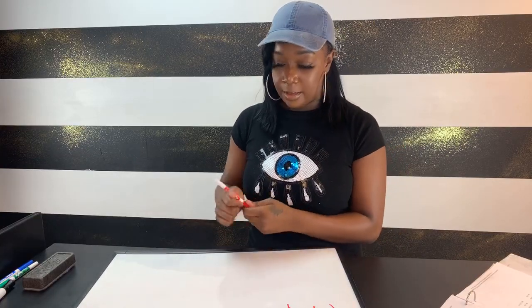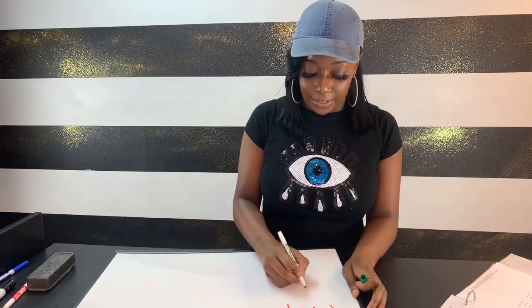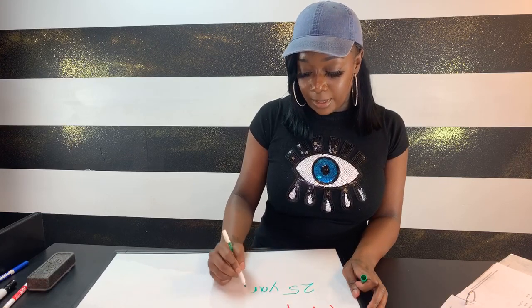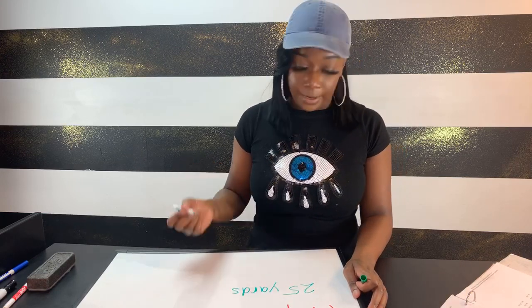All right, so you're always going to start out with the unit that they give you. That's going to be your first value. You're always going to place that on your left-hand side, okay? And you do want to include your units because you don't want to make a mistake.